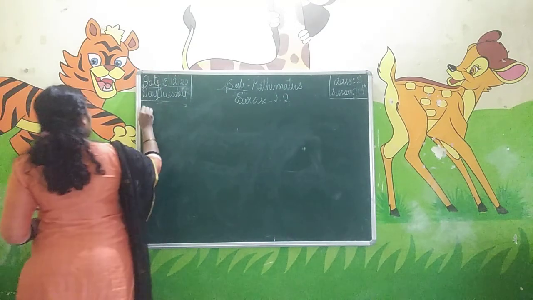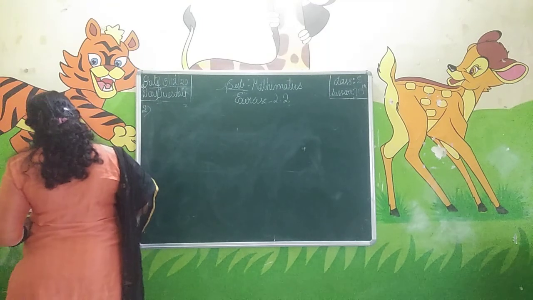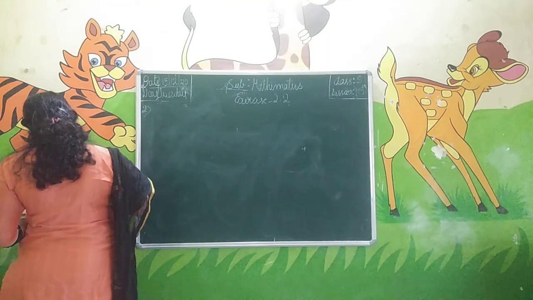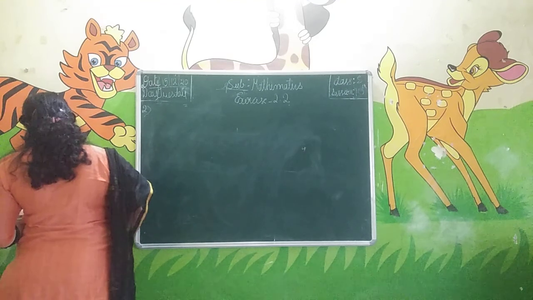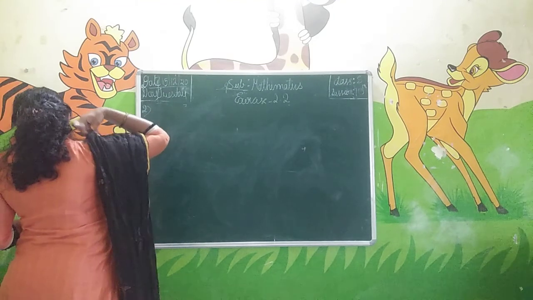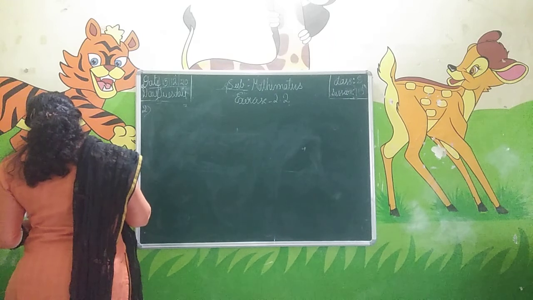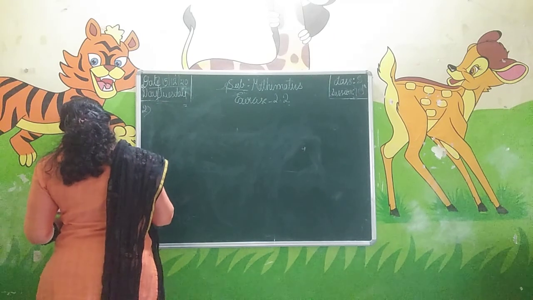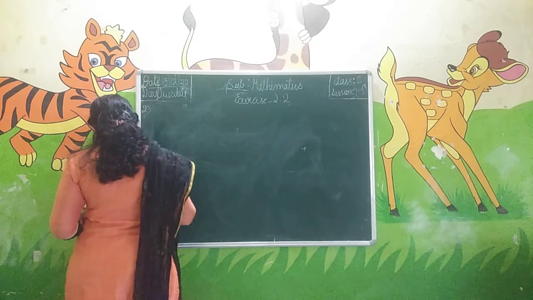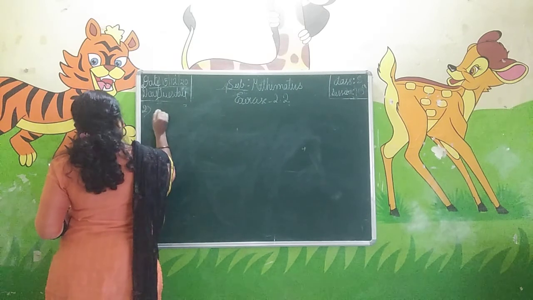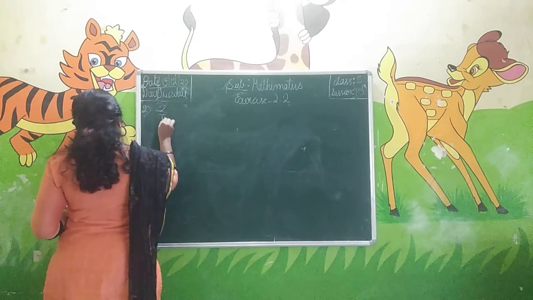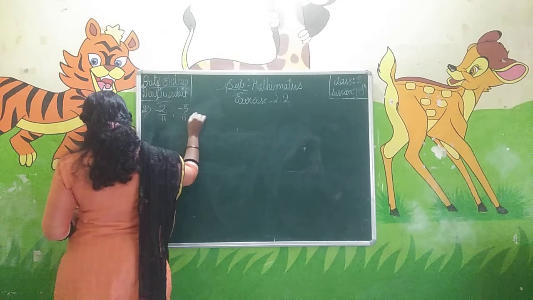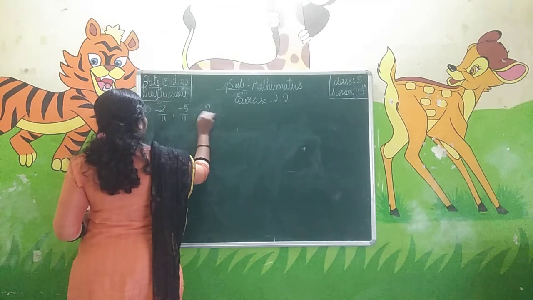Second one, represent the numbers on the number line, that is -2 by 11, -5 by 11, -9 by 11.